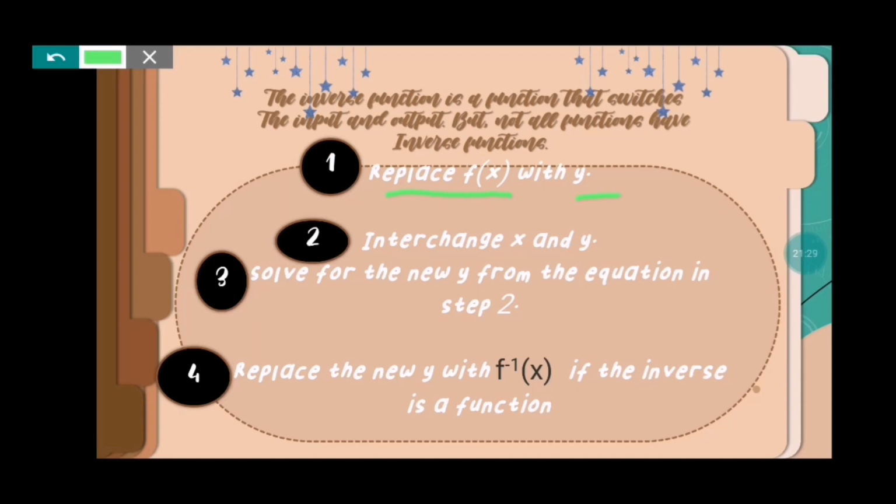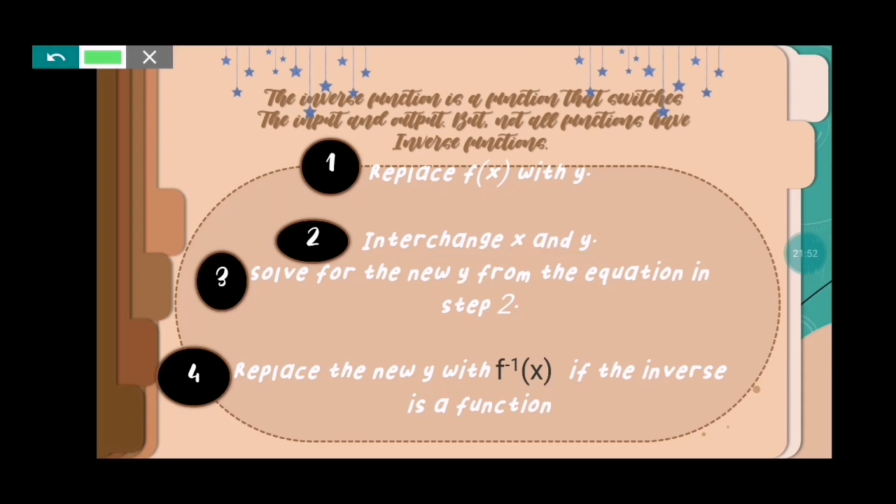The second one is interchange x and y. The third one is solve for the new y from the equation in step 2. And the fourth one is replace the new y with f inverse of x if the inverse is a function.